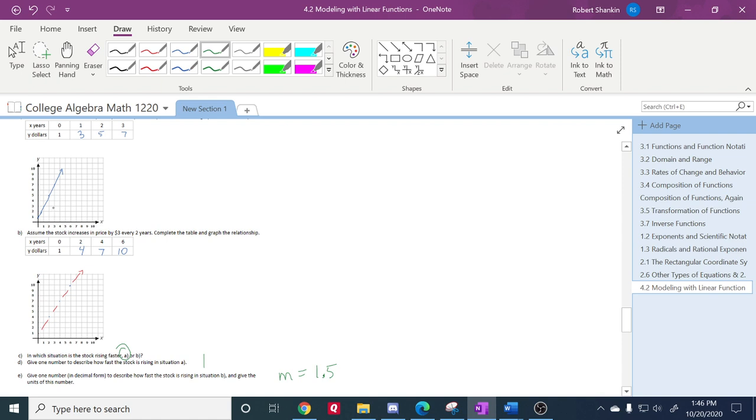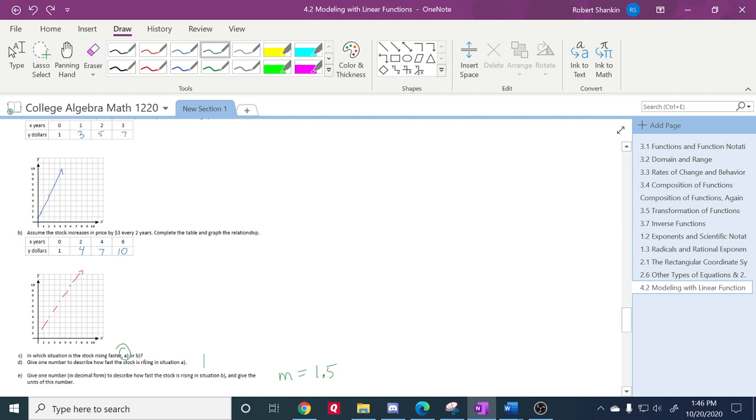And now, when I look at these two graphs, I see that the blue line in A seems to be steeper than the red line in B. So my instinct is, yeah, it looks like that's rising faster.